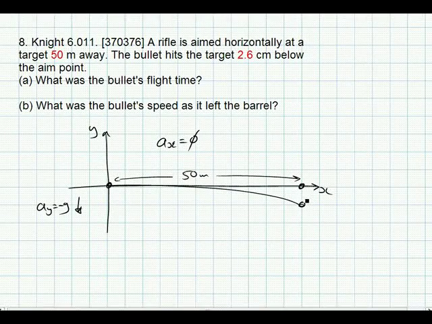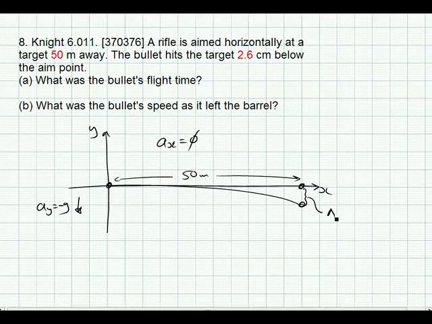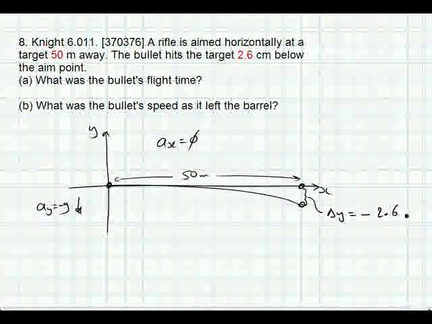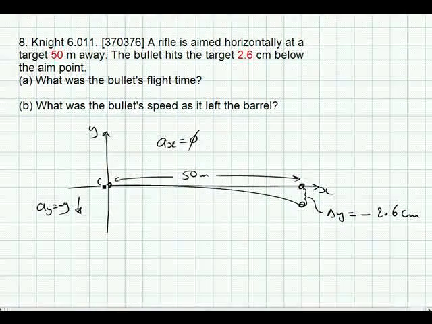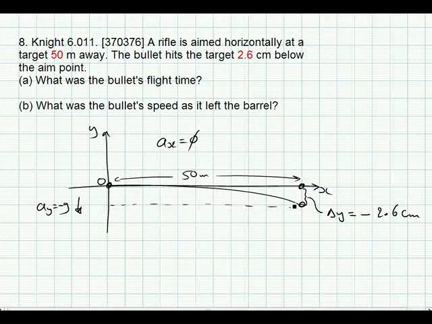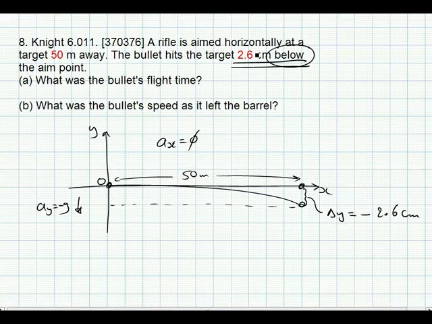So, and this distance here, which we call delta y, is negative 2.6 centimeters. So that's my origin is 0, and this here is 2.6 centimeters below the aim point, i.e. delta y is minus 2.6 centimeters.